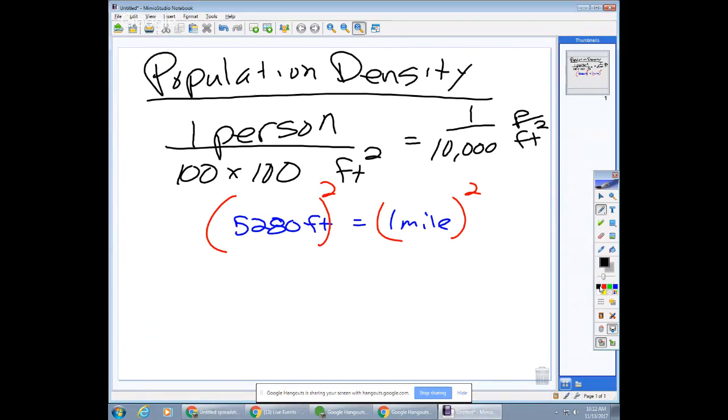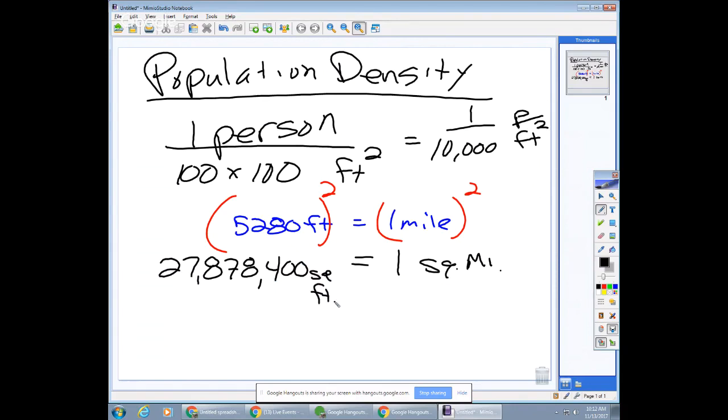So in 1 square mile, there's 27,878,400 square feet. Yep. A square mile is a big area, right? So there's going to be a lot of little tiny square feet in there.